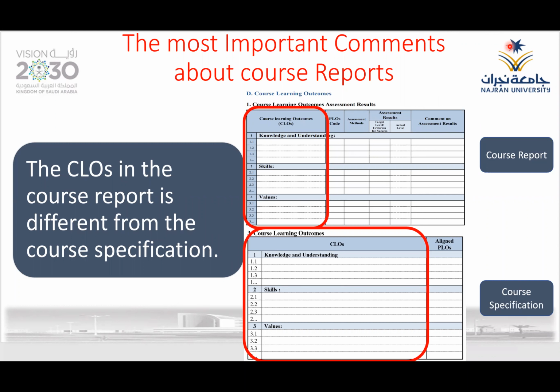Any questions before we move to the course specification? Yes, Dr. Sharjab, Jazakallah khair. I think this issue is related to consistency. Mostly some instructors teach some courses in one semester, then they move to other semesters.